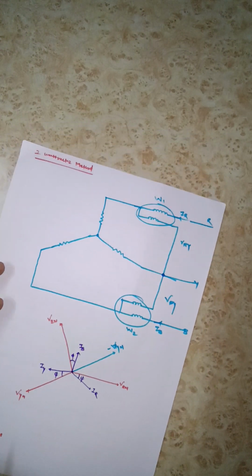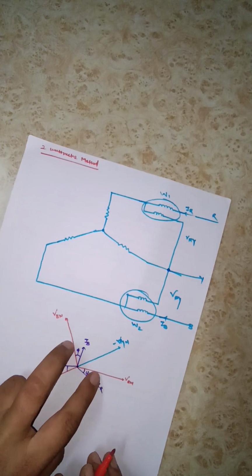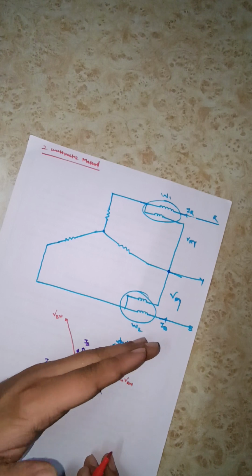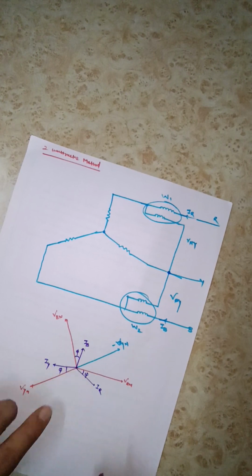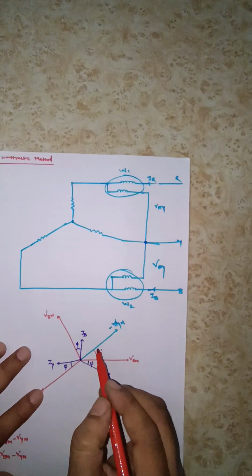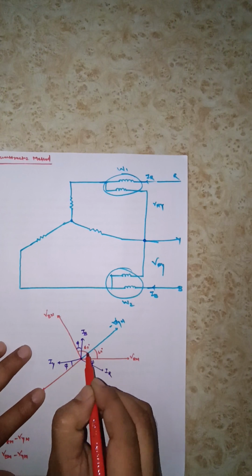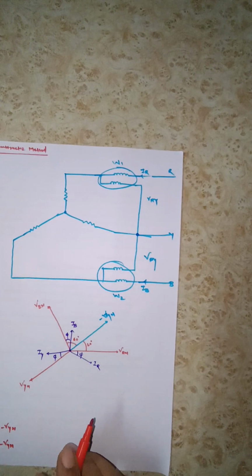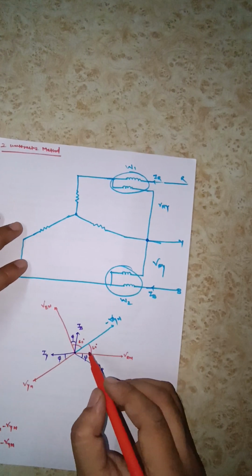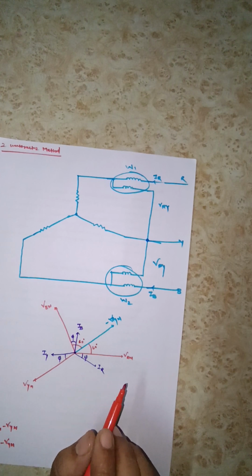The phase difference between VRN and VBN was 120 degrees. VYN is at the midpoint, so these two angles will be 60 and 60 degrees. Now we have to find the resultant of VRN and VYN.